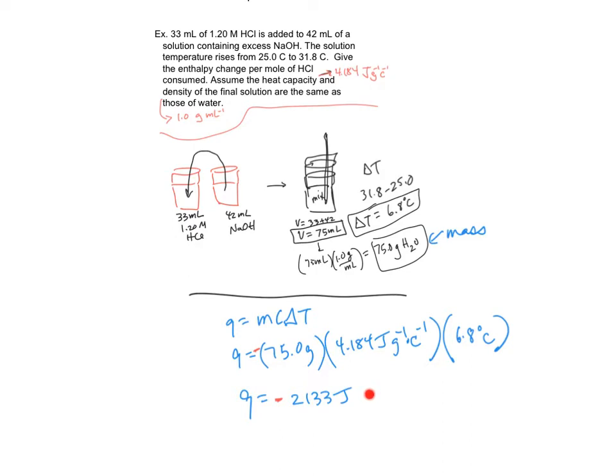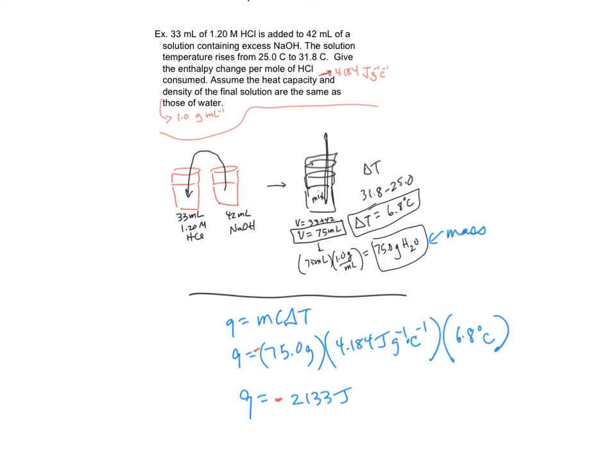But it's not per mole consumed, it's per 75 grams consumed. And if you wanted to put that in your lab report, nobody cares how many grams you were using and how much heat you got. We want to know how much heat there is if you had a mole of substance. So that's what this is all about here. Give the enthalpy change of HCl consumed per mole as opposed to per 75 grams.